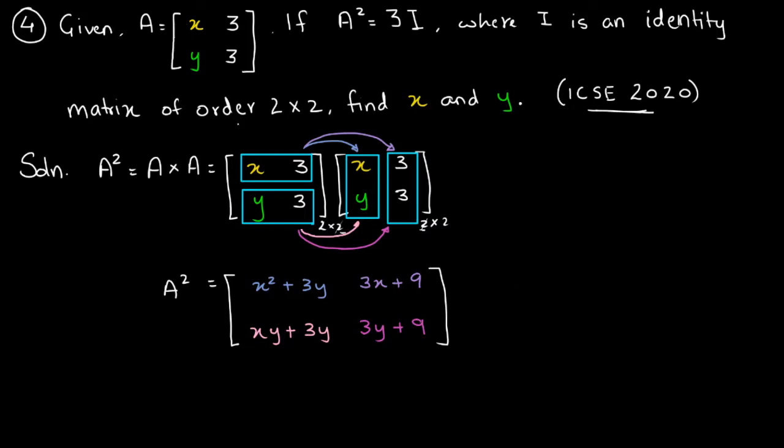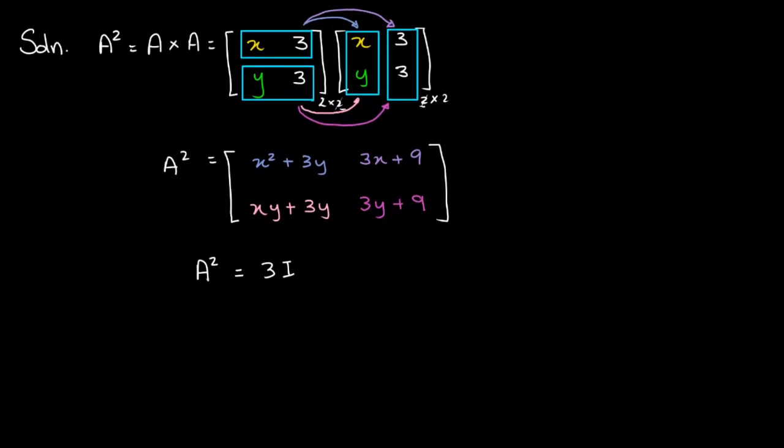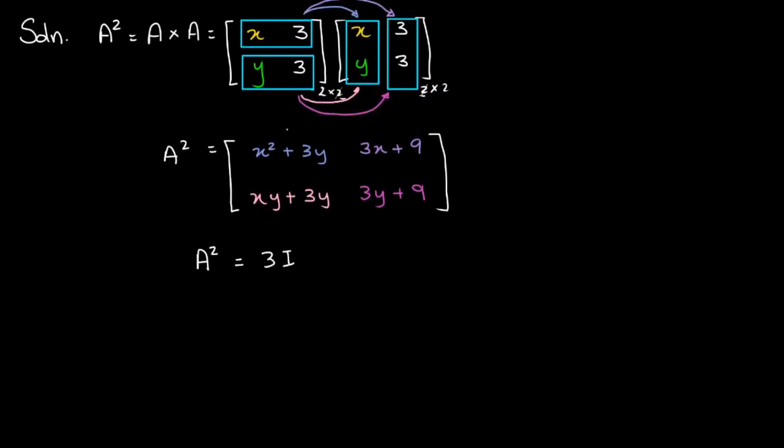All right. Now in the question, it's given to us that A square is equal to 3I, right? We will use this condition to solve the sum further to find the values of x and y. A square, we've already found above, so let's copy that value, make our work a little easier. There you go.